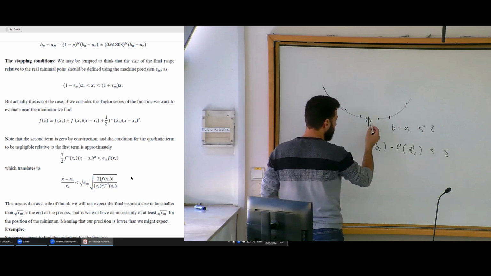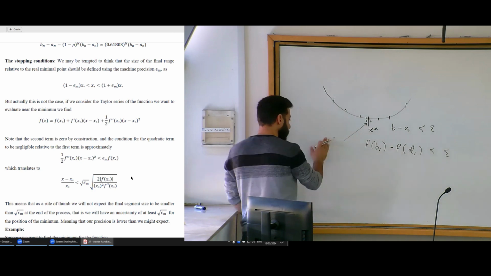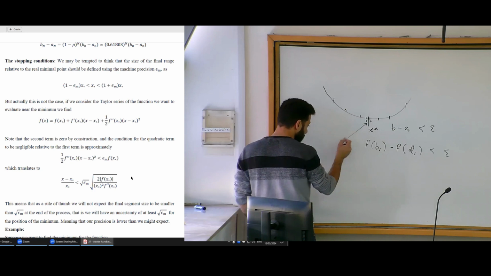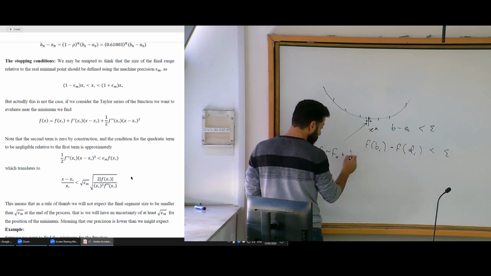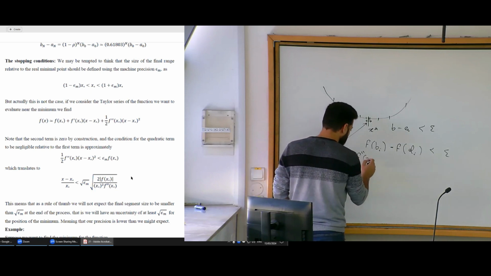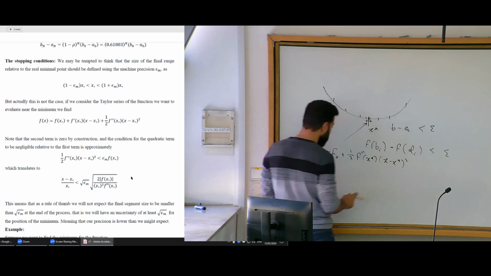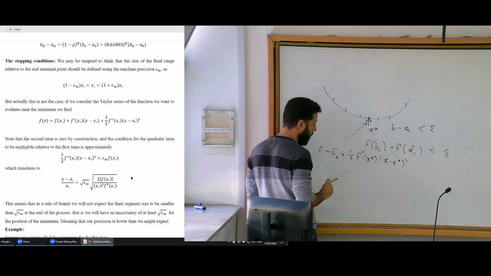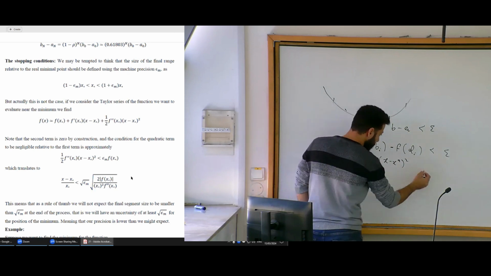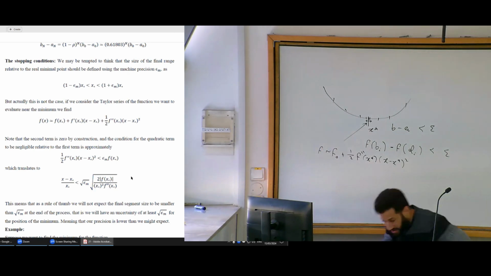The reason is that if I'm really near to the minimum, the function here is behaving like f(x star) plus 0 plus half of f double prime at x star times (x minus x star) squared. So if I want the function to vary by less than some epsilon, then x will be far from x star by less than the square root of it.